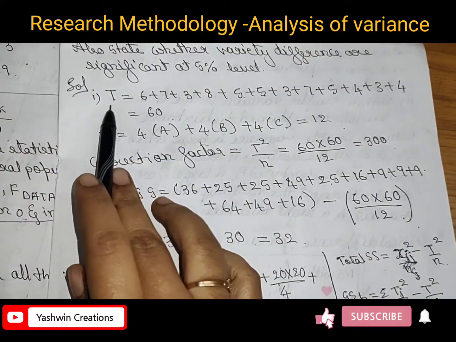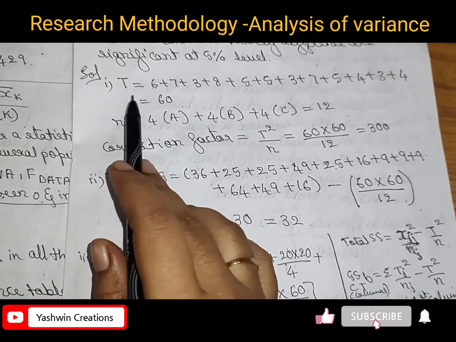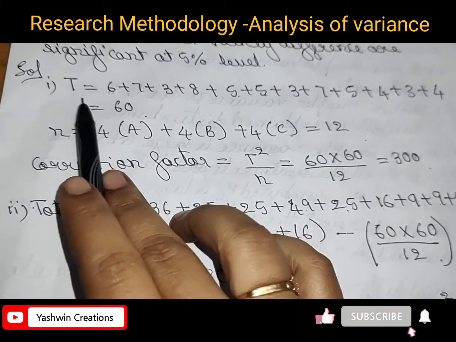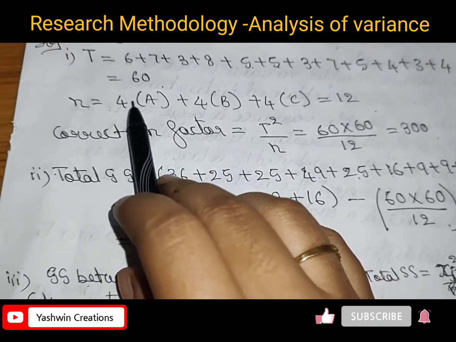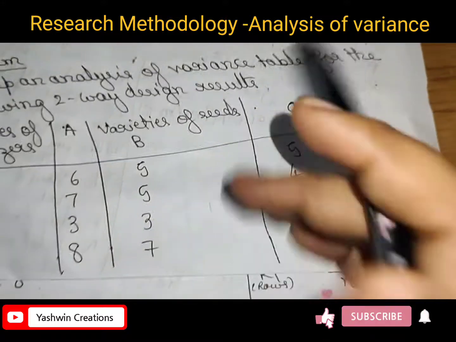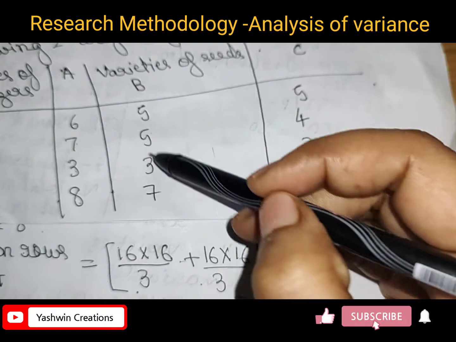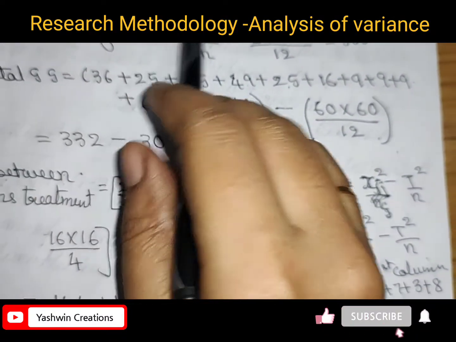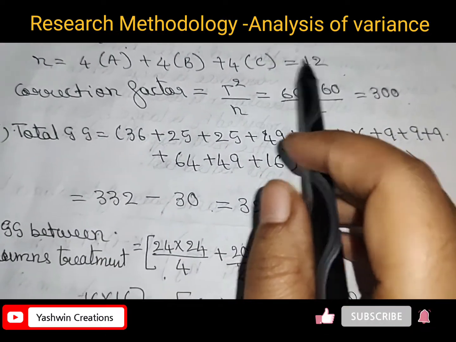So first we need to find out what? First we need to find out T. This is a two-way design. Add all of this, so you'll get the T value as 60. And n, they have given 4, that is, so here the variables 1 2 3 4, again 1 2 3 4, this A, B, C. So 4 plus 4 plus 4, so the n value will become a total of 12.